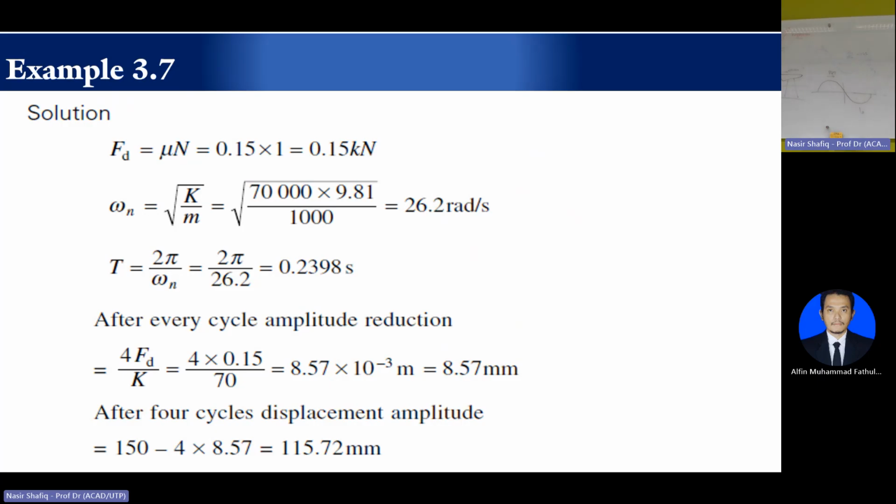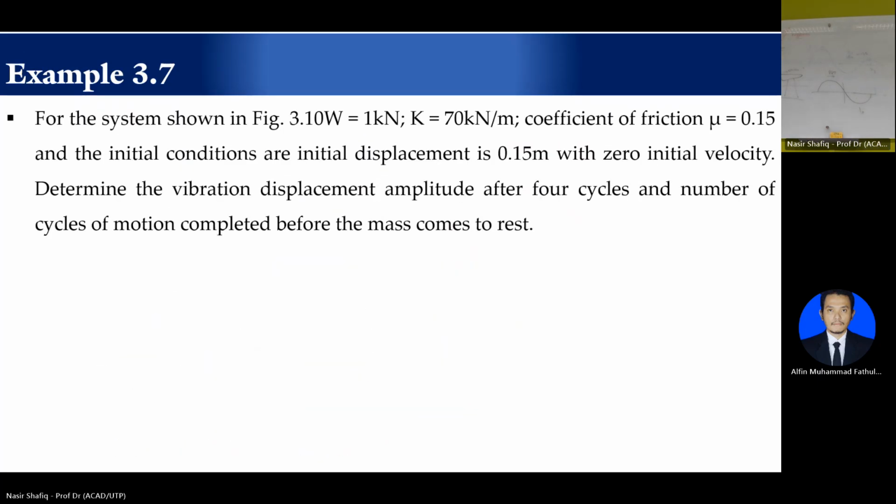After 4 cycles, what is the displacement amplitude, right? The initial amplitude is given as 0.15 meter, and the initial velocity is 0.